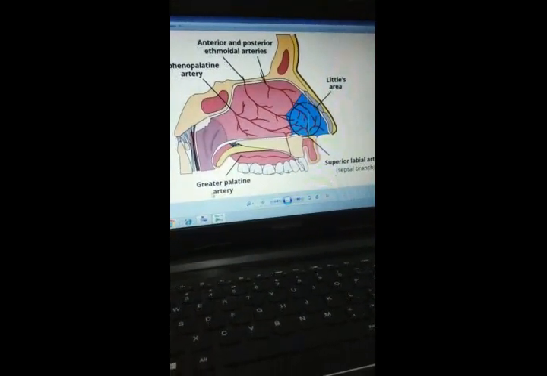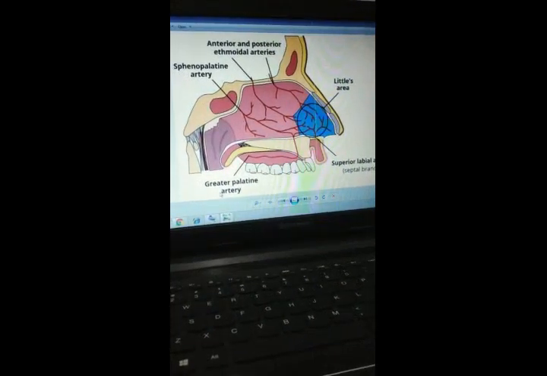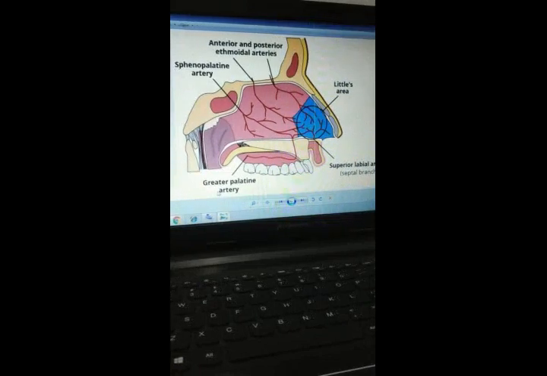Here the arteries and their accompanying veins anastomose together, forming a plexus, and that is called Kiesselbach's plexus. It is very important, as in children and most of the cases there is crusting of this area, that is Little's area, causing recurrent epistaxis.